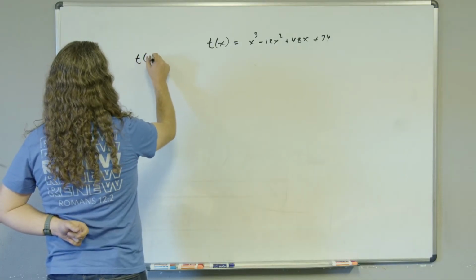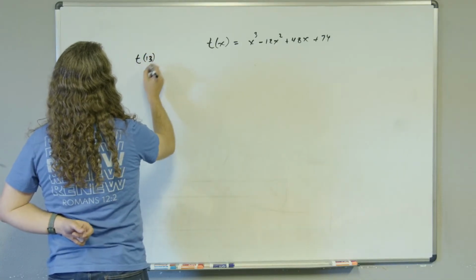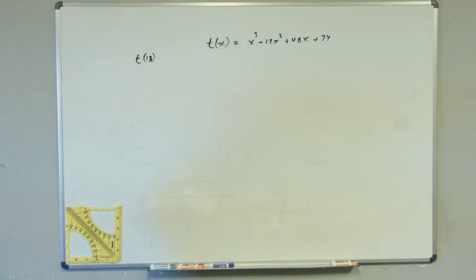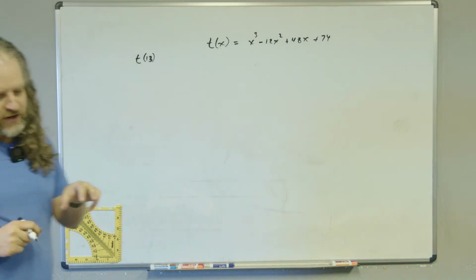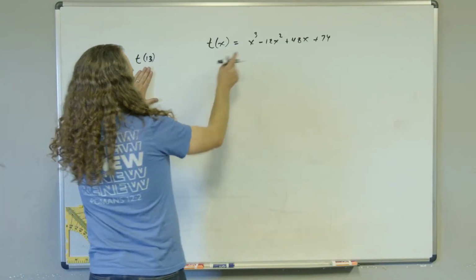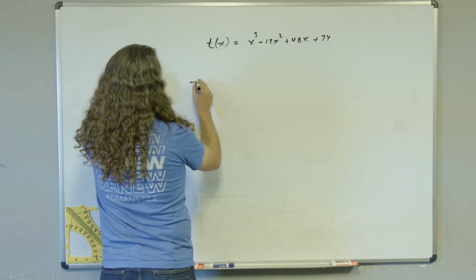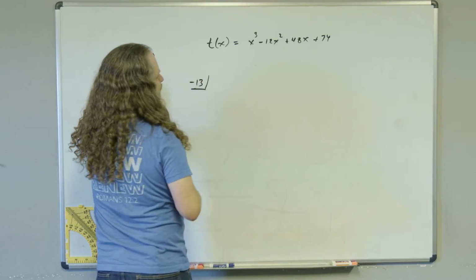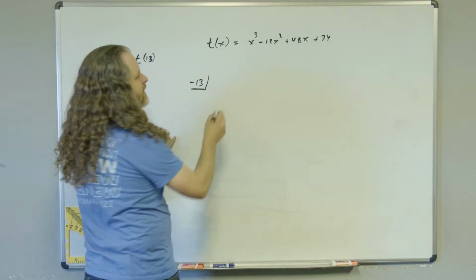We could shove that in there and do it that way, but we're going to use synthetic substitution. Synthetic substitution uses the remainder theorem to say that we can divide this by x minus c, and the remainder is the answer. So that's what we're going to do.